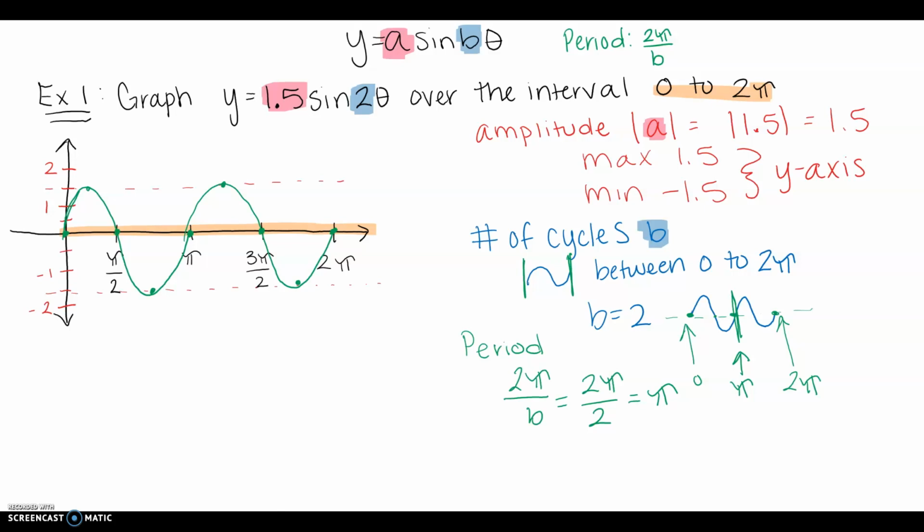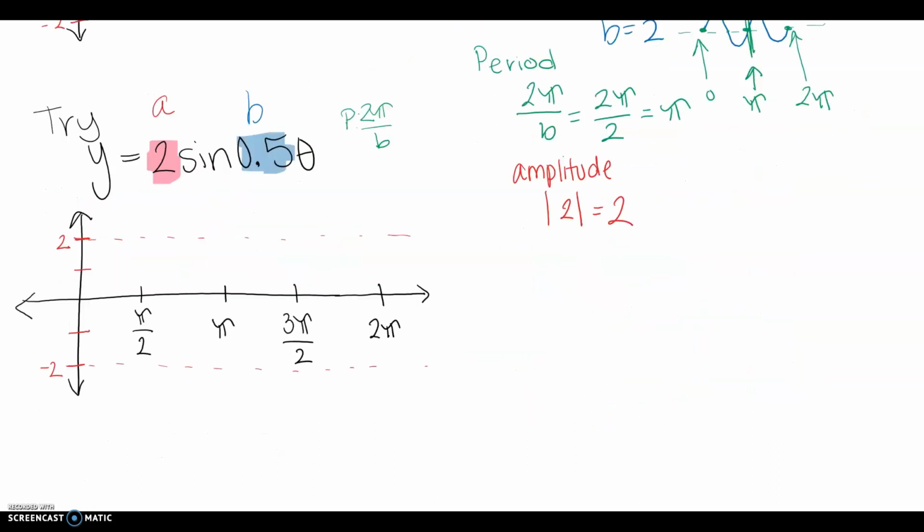So I want you to go ahead and try y equals 2 sine of 0.5 theta. So pause and try that one. Okay, so amplitude, absolute value of a, which is 2.